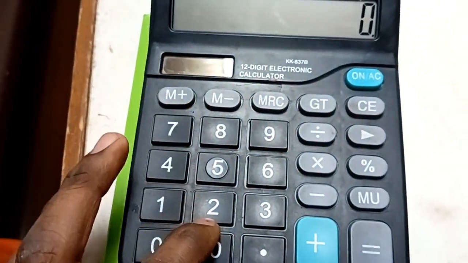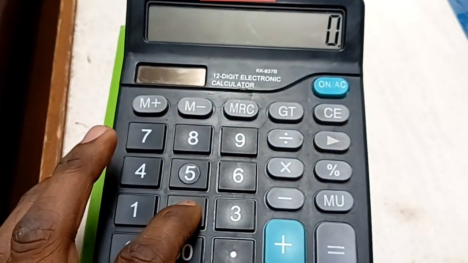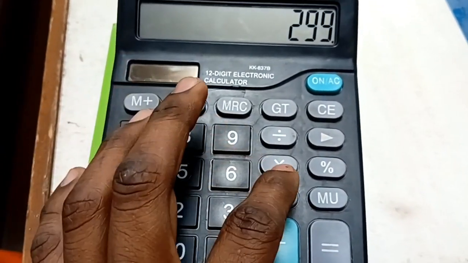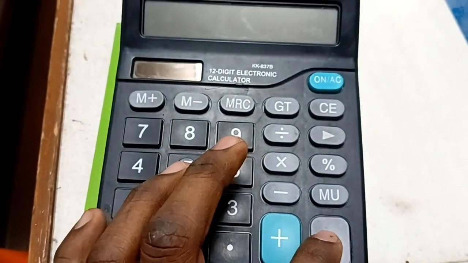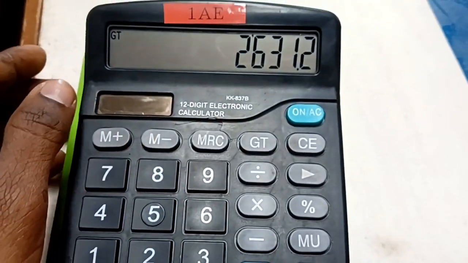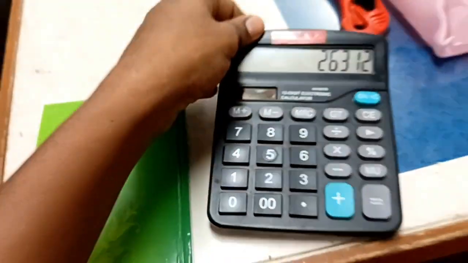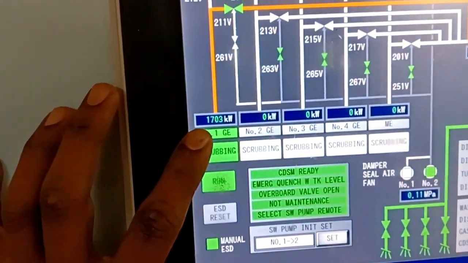We are getting around 8.81 milliamps, so we multiply this by 299. See, now the load should be 2631, and my generator load was around 2631. Actually they just stopped the pump, that's why the load reduced.